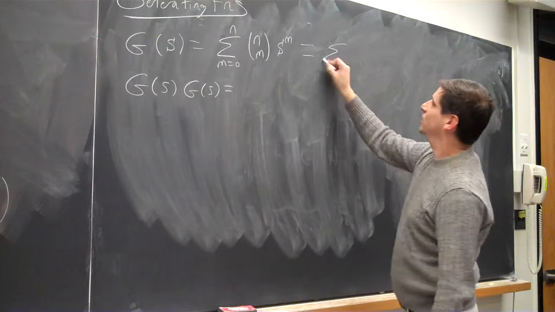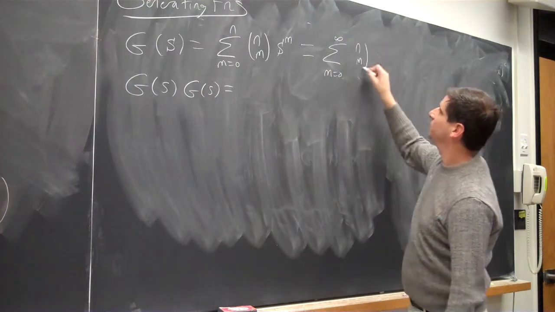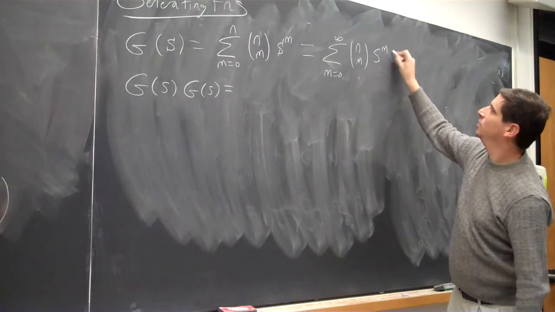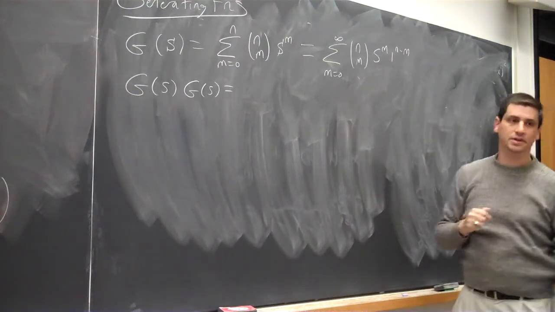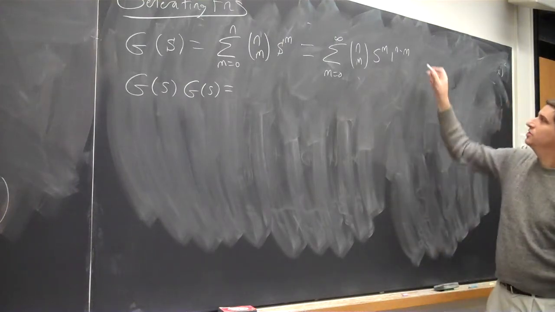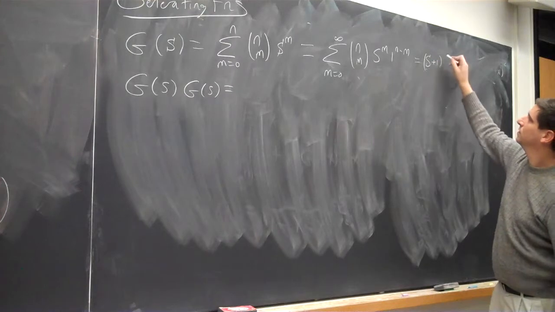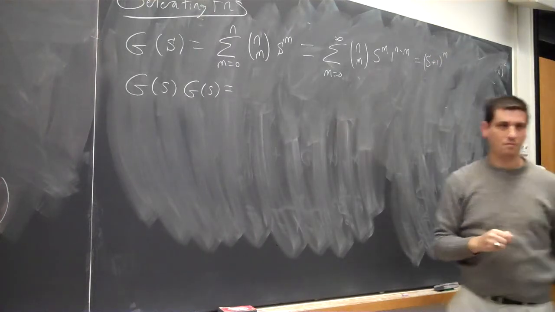Either way. So I can write this as the sum, m goes from 0 to n, of n choose m, s to the m, 1 to the n minus m. And if I write it like that, it now looks like the binomial. And so this would just be s plus 1 to the n.